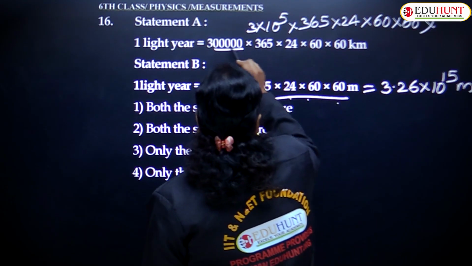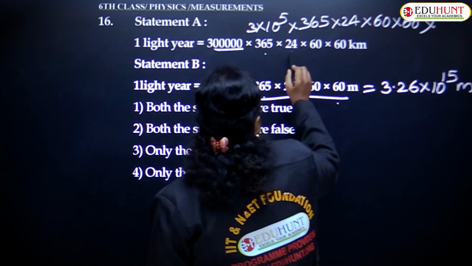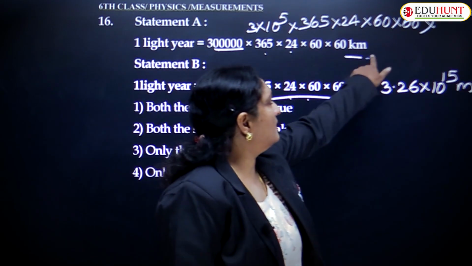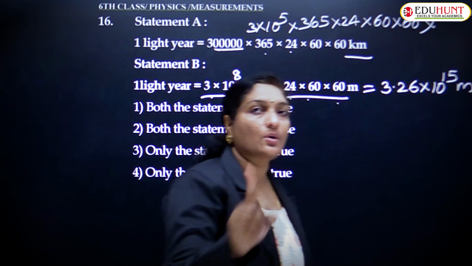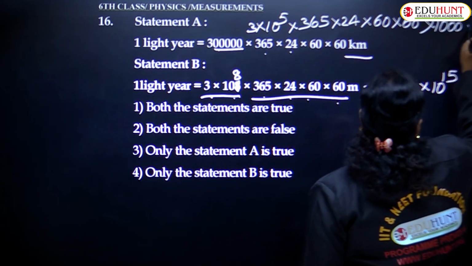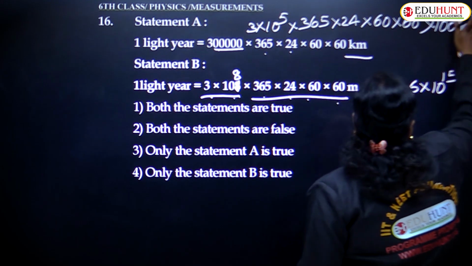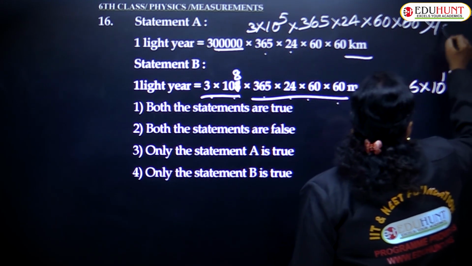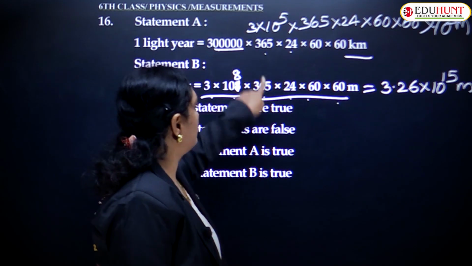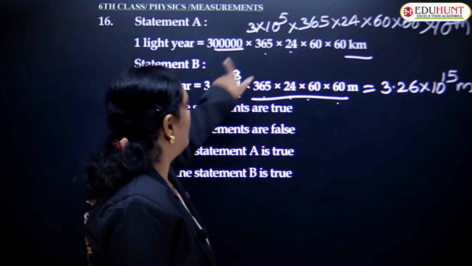Okay, 3 into 10 power 5, 365, 24, 60, 60. And instead of kilometer, let me write it as 1000 meters. 1 kilometer is 1000 meters. 1000 meters means how much? 10 power 3 meters.